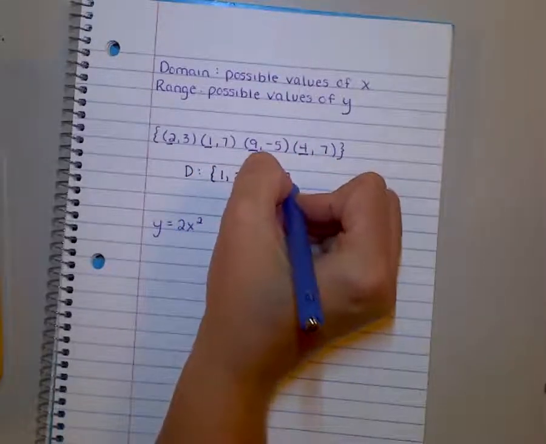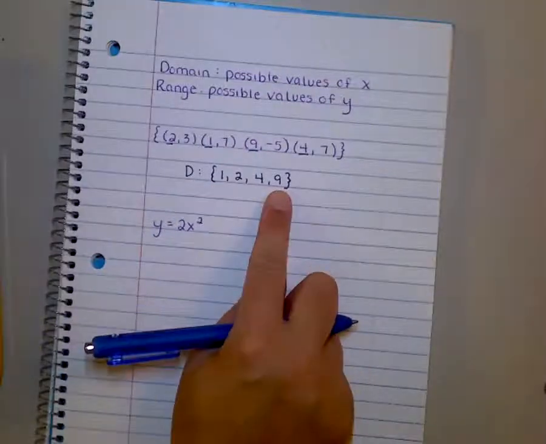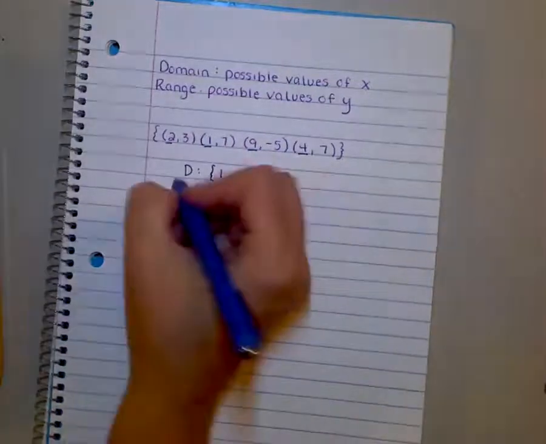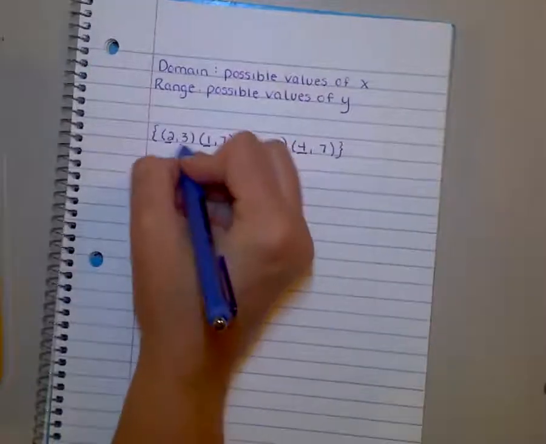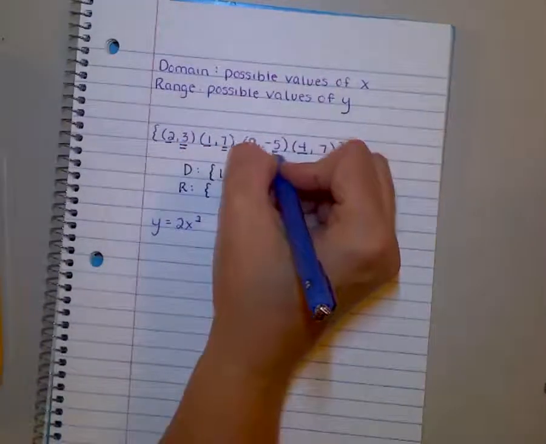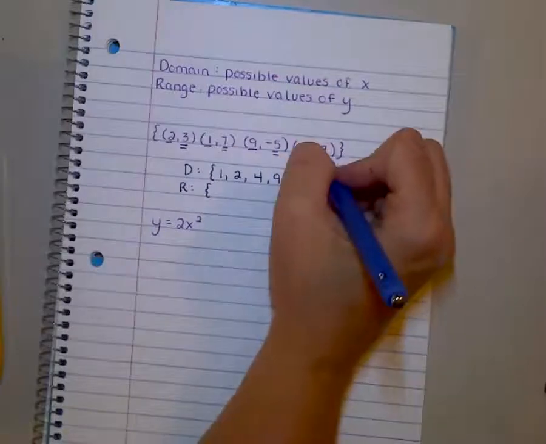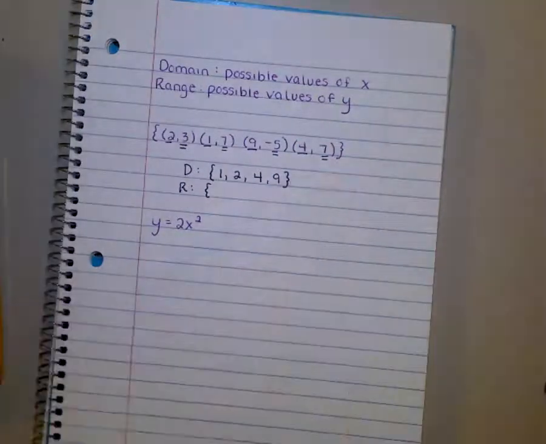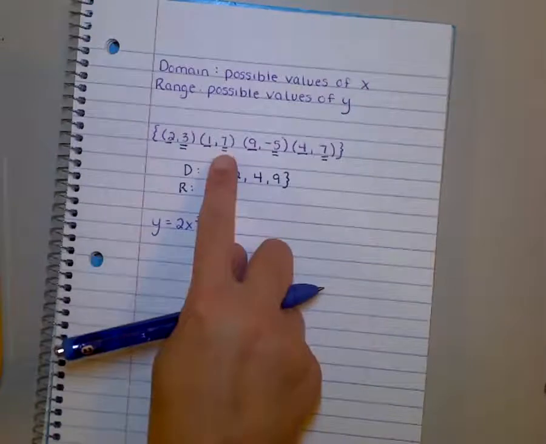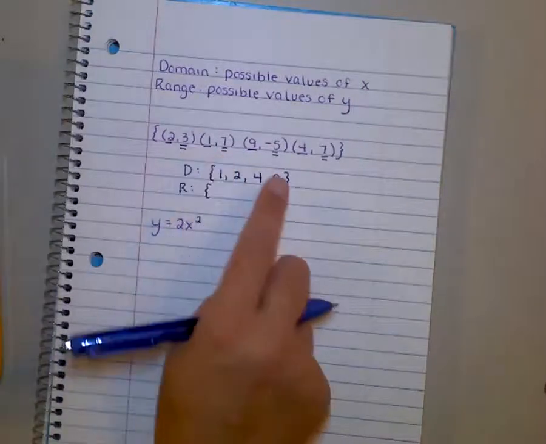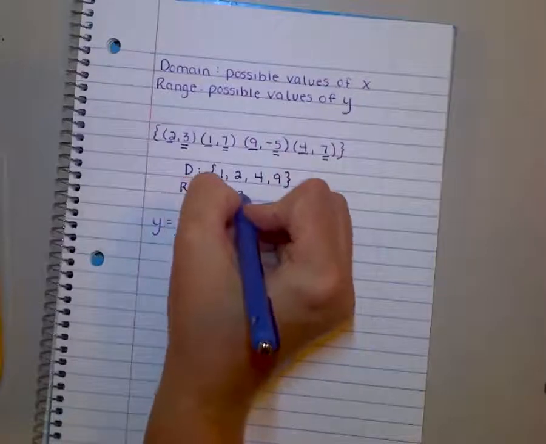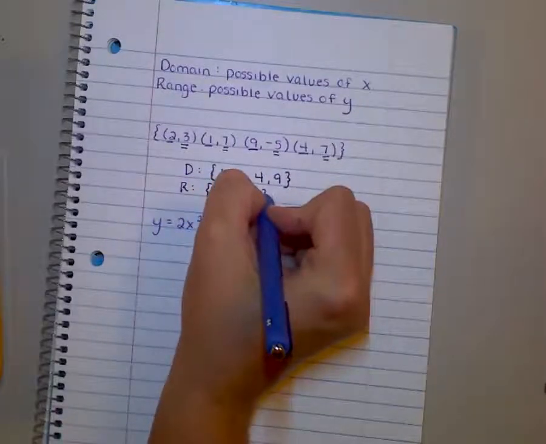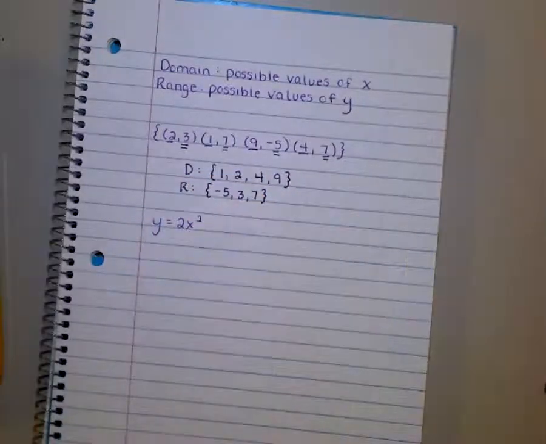Those are my only possibilities for x. And for range, my only possibilities are 3, 7, -5, and then 7 again. Remember, it's okay if the numbers repeat in the range. So when I list these, I don't have to list the 7 twice. I can just say -5, 3, and 7. Those are my possibilities for range.